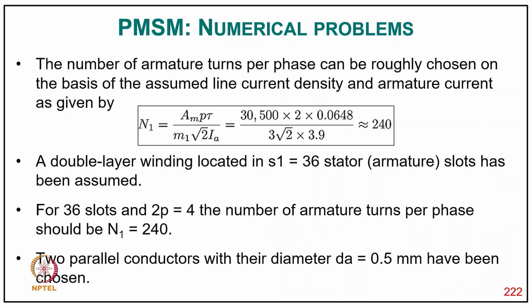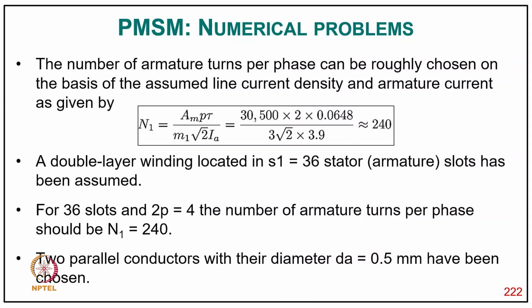The number of armature turns per phase can be roughly chosen on the basis of assumed line current density and armature current, that is N1 equal to m p tau upon m1 root 2 Ia, which comes around 240. A double winding is located, S1 equal to 36 stator armature slots has been considered, and for 36 slots and 2p equal to 4, the number of armature turns per phase N1 should be 240.